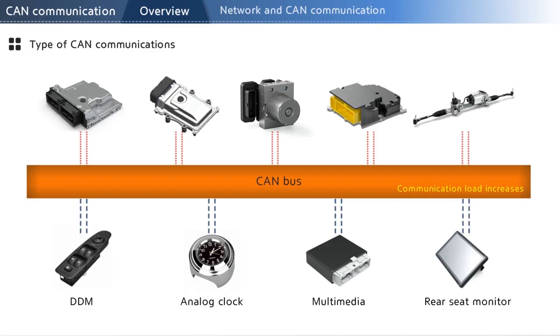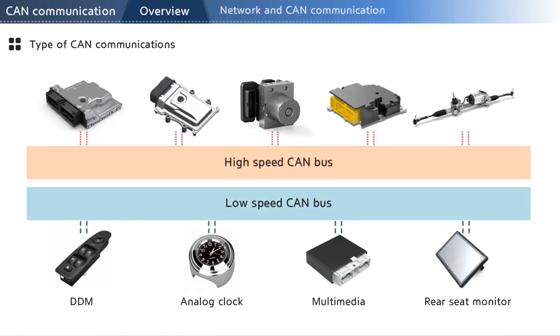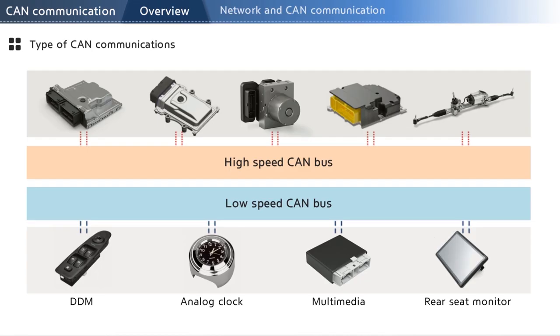To prevent this, CAN communications are grouped into high-speed and low-speed CAN. Powertrain and safety systems are connected to high-speed CAN, while multimedia and convenience systems are connected to low-speed CAN. This helps distribute the load and also improves efficiency.